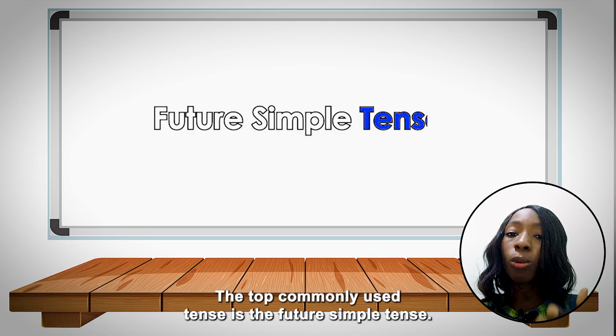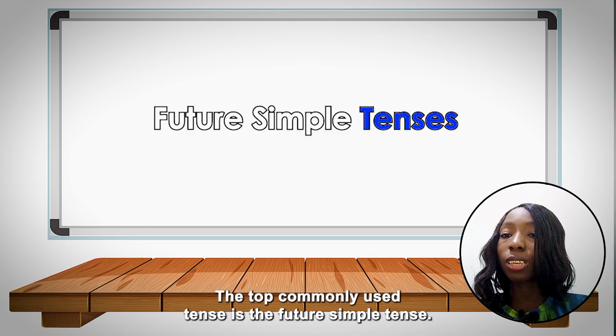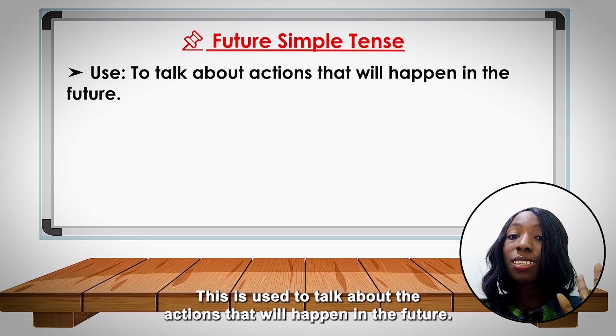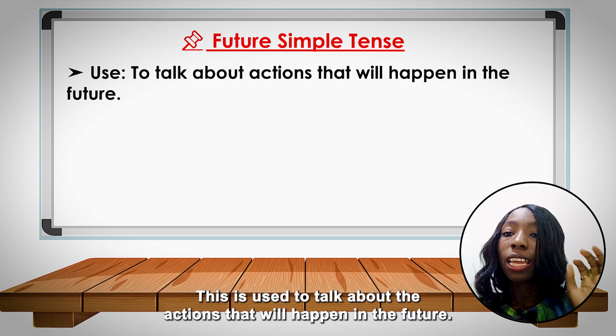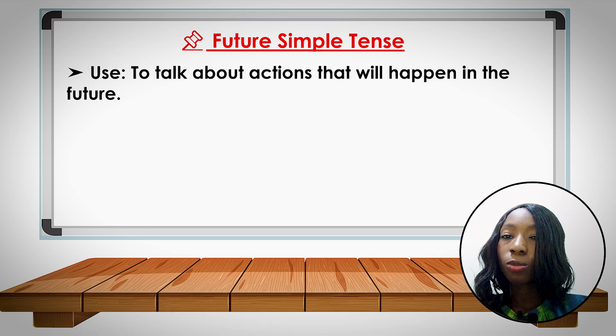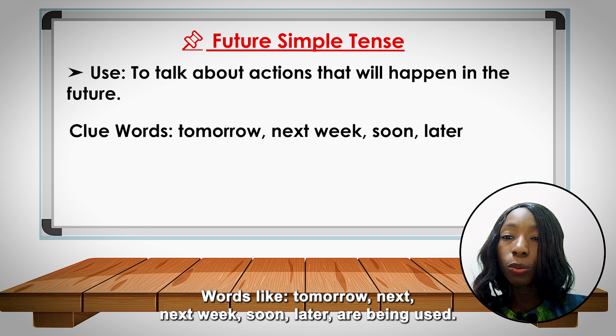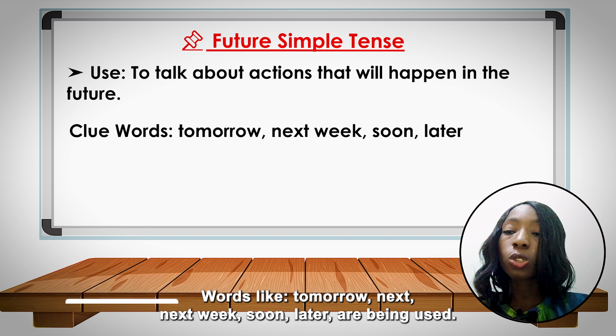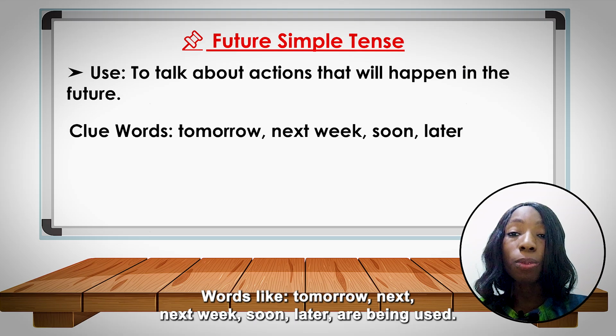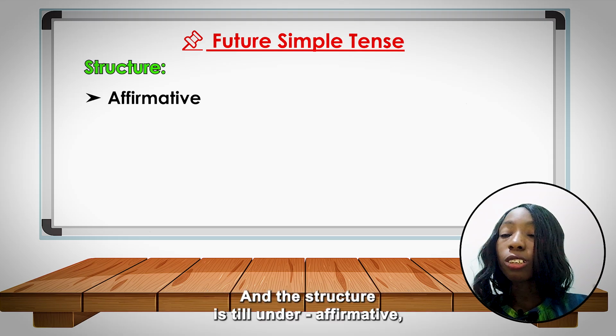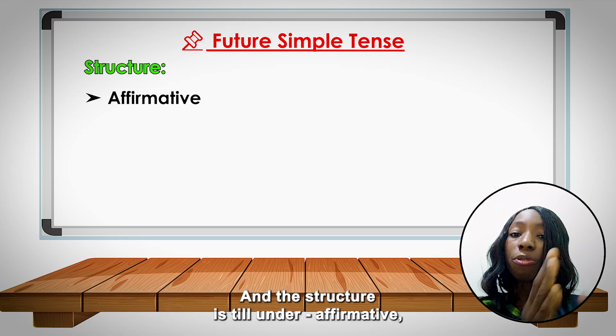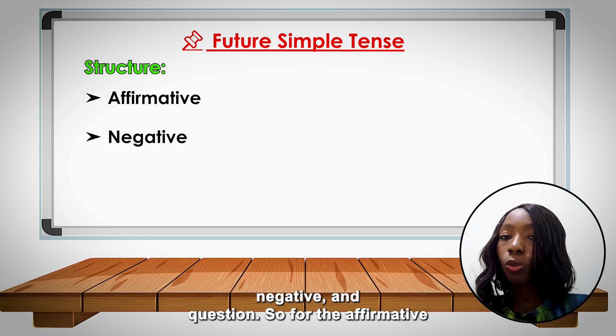And the third commonly used tense is the future simple tense. This is used to talk about the actions that will happen in the future. Words like tomorrow, next, next week, soon, later are being used. And the structure is still under affirmative, negative, and question.